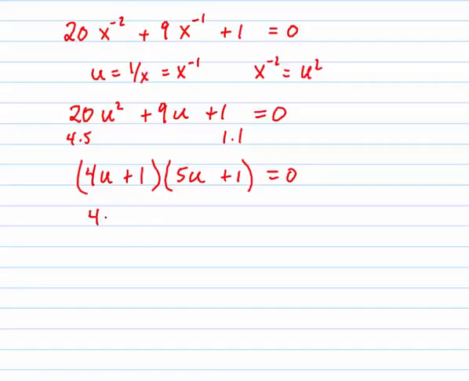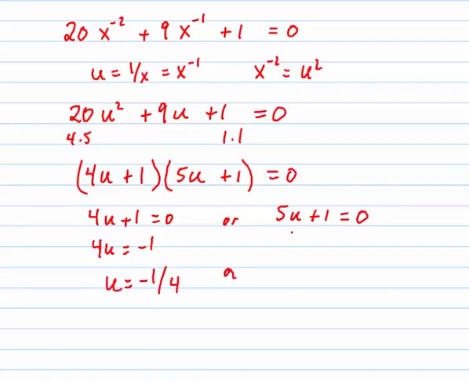So we have 4u plus 1 is equal to 0, or 5u plus 1 is equal to 0. If we solve these, 4u is equal to minus 1, and u is equal to minus 1 over 4, or 5u is equal to minus 1, and u is equal to minus 1 over 5.